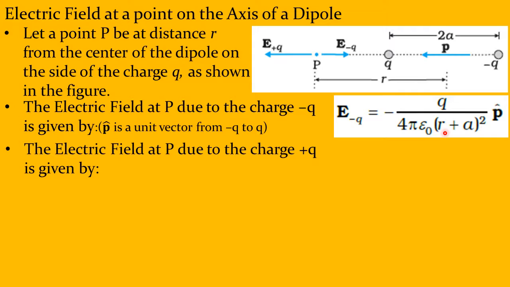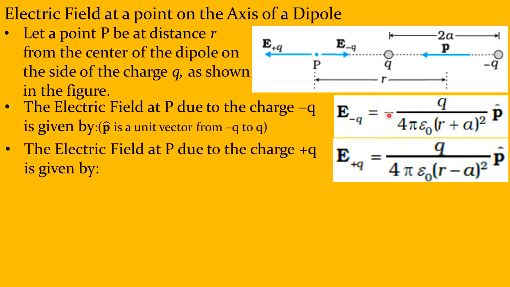In the denominator, we have the distance square, that is (r + a) square, and in the numerator we have the magnitude of the charge, and this is p hat, the unit vector. This is along the axis of the dipole. But what is this minus sign here? This is because the force is now acting from point P towards the charge minus q.